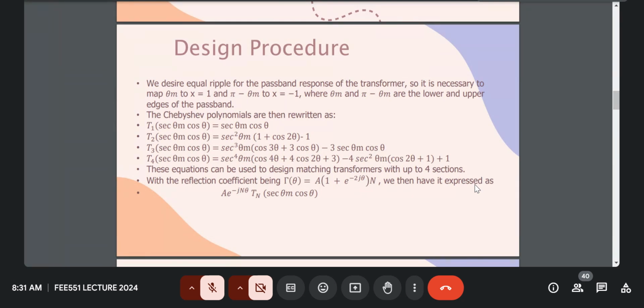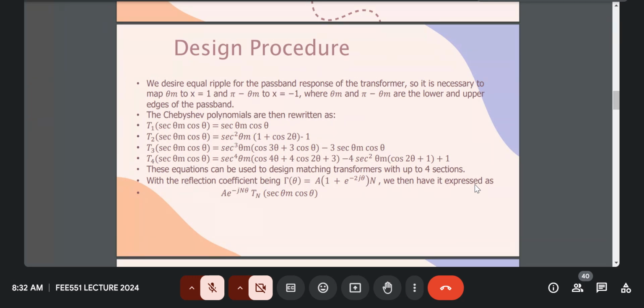So we'll now rewrite the Chebyshev polynomials in the form seen below, where T is expressed in terms of secant and cosine, each with the order 1 being secant of theta m and cosine of theta, all the way to the fourth polynomial.